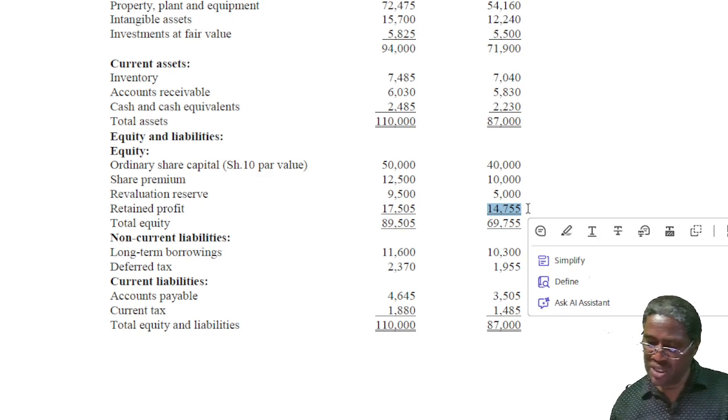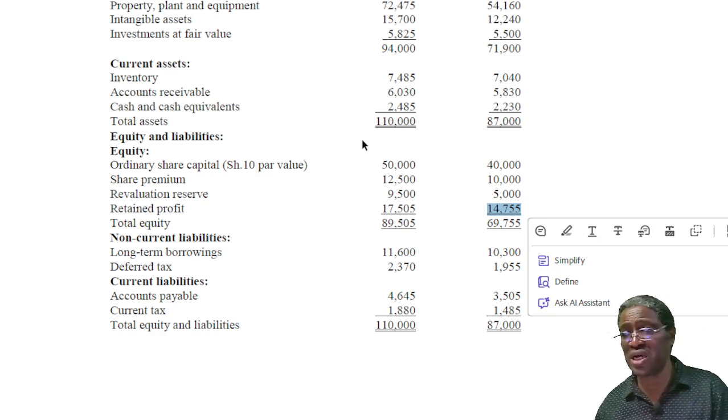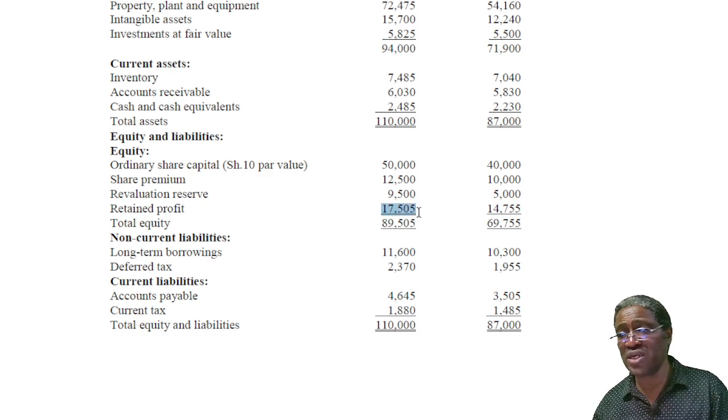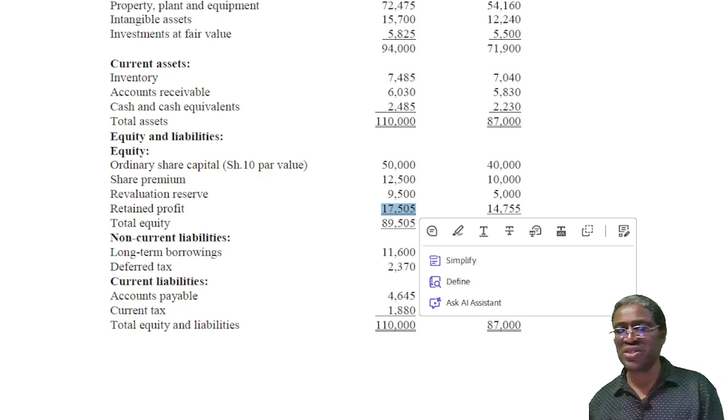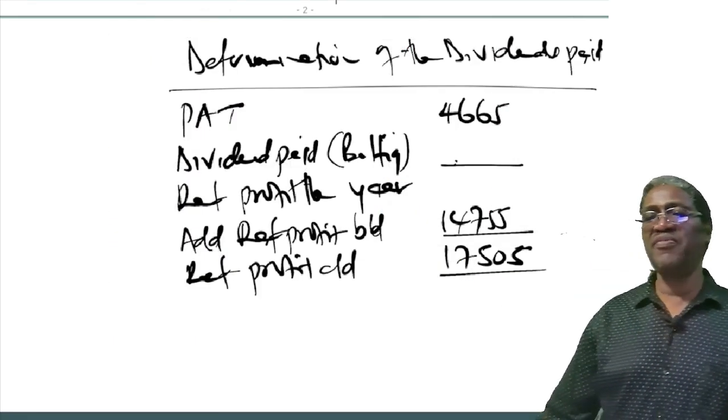Then we get what we are calling retained profit carried down. From this year's balance sheet, the retained profit carried down is 17,505. Good. Let's get the balancing figure to represent the dividends paid.